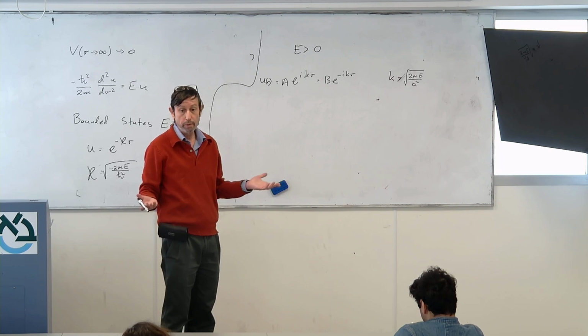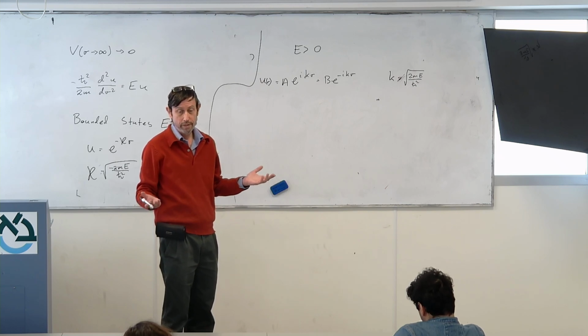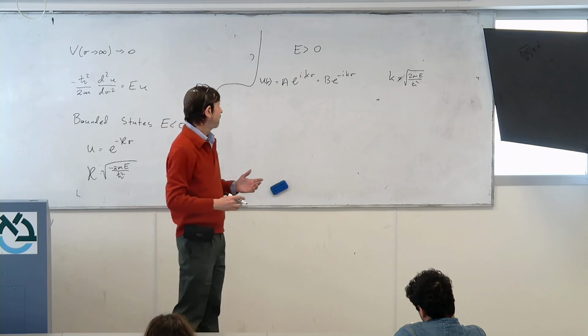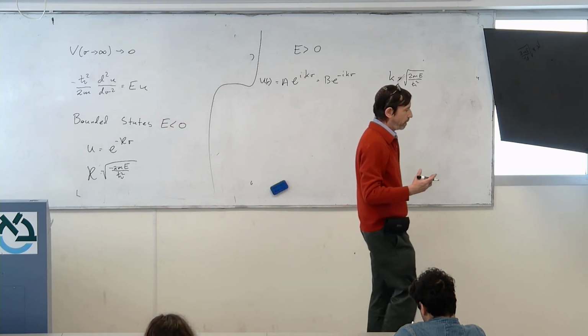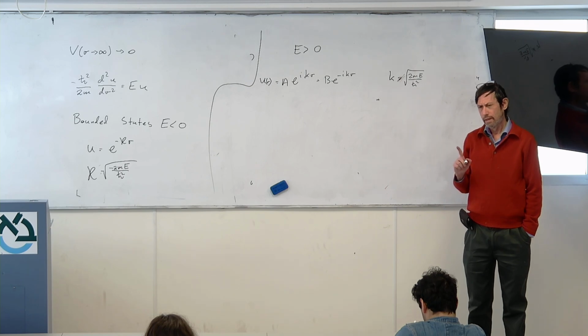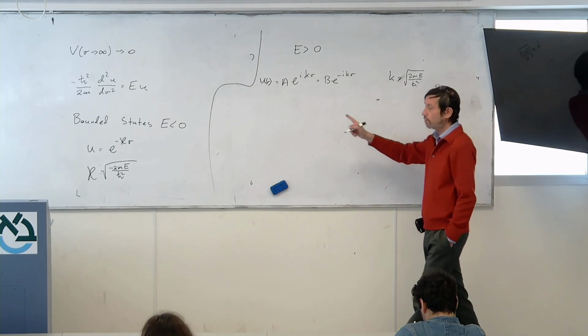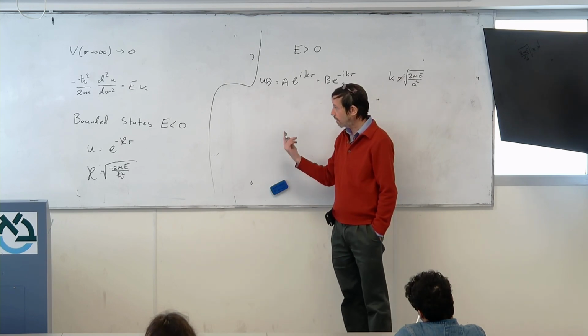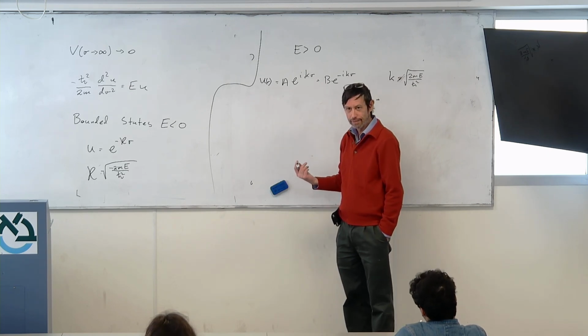Not surprising, because we are at a point where the potential is essentially zero. So the particle should behave like a free particle in the case where we're unbound. But there's one small difference. Here we wrote down u. In real space, we don't have u, we have r.